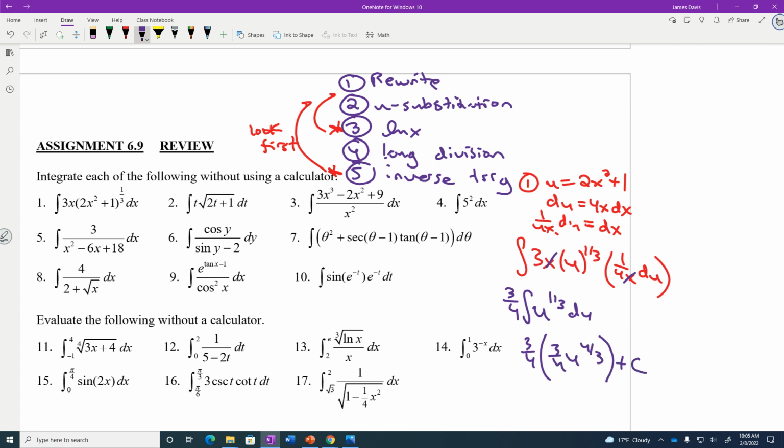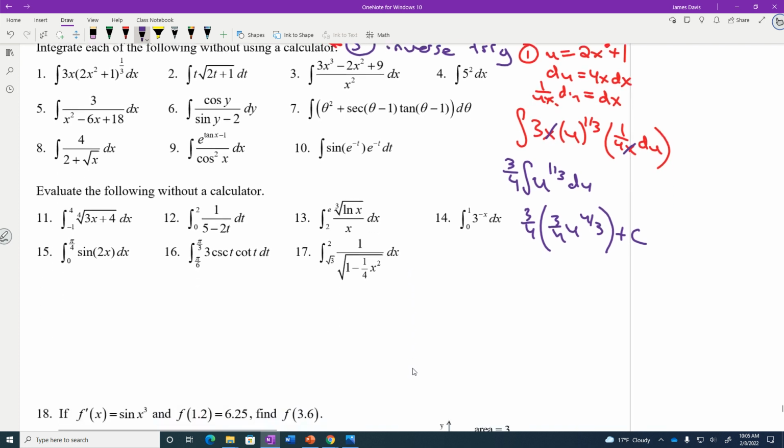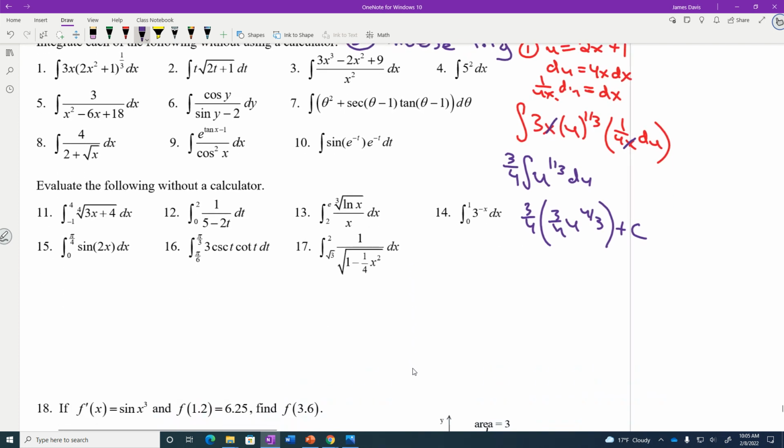And don't forget the plus c. So you get 3/4 u to the 4/3. We need to plug u back in. And this will become 9/16 times 2x squared plus 1 to the 4/3.